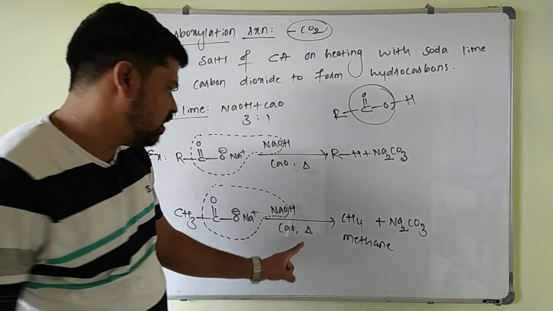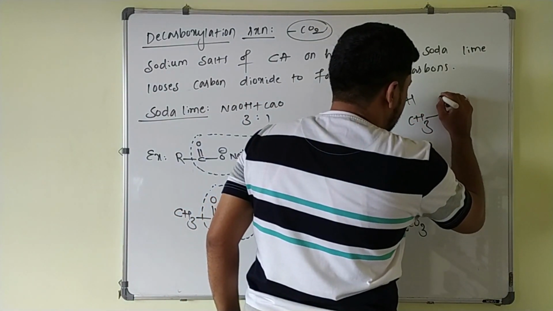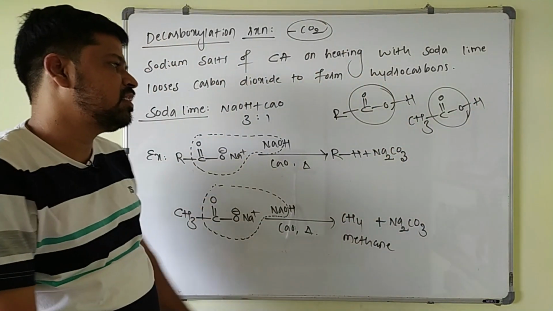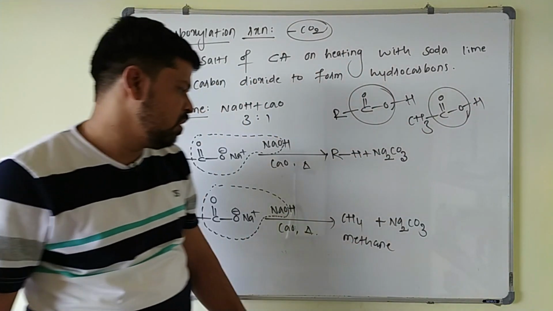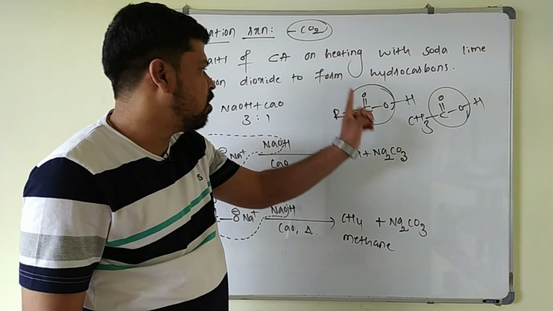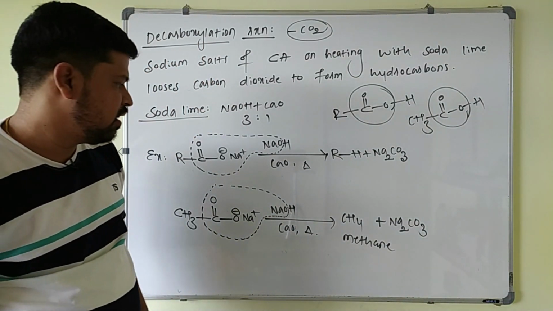Similarly, in this example also, this is your CH3 C double bond OH, CO2 molecule is eliminated, this hydrogen is directly connected to methyl group, so that you will get what? Methane here. Like this, these carboxylic acids will undergo a loss of CO2 molecule here in the decarboxylation reaction. Okay, next one.